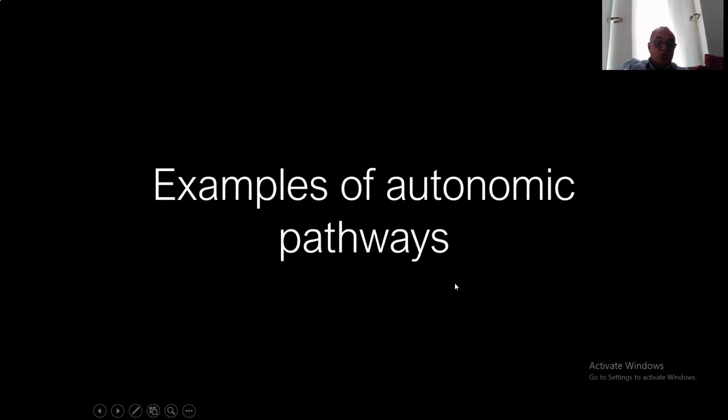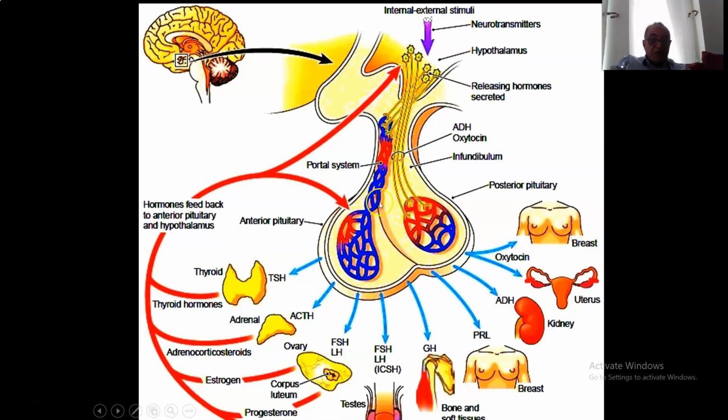The anterior pituitary hormones are prolactin, which is responsible for milk production, growth hormone for growth of the soft tissues and bone, and the follicle stimulating hormone and luteinizing hormone for reproduction, producing estrogen and progesterone in the females and testosterone in the males. So in the male, as we will see, it is important for spermatogenesis and for the nutrition of the sperms.